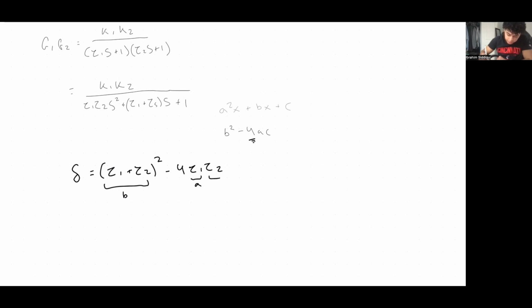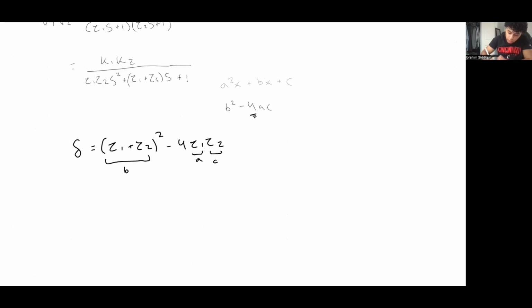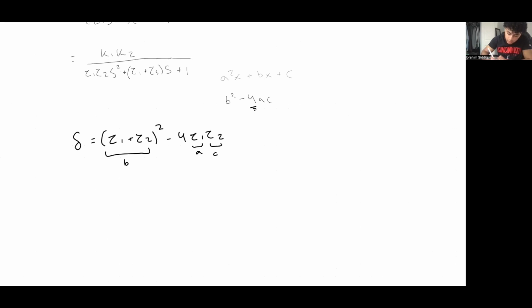From this we can simplify some things. We know that this B term, tau 1 plus tau 2 squared, is greater than or equal to 0, or it has to be. So our discriminant is greater than or equal to 0.